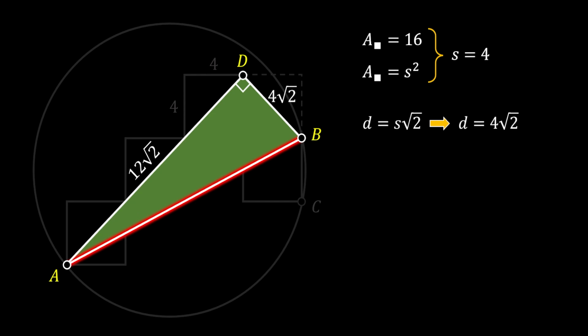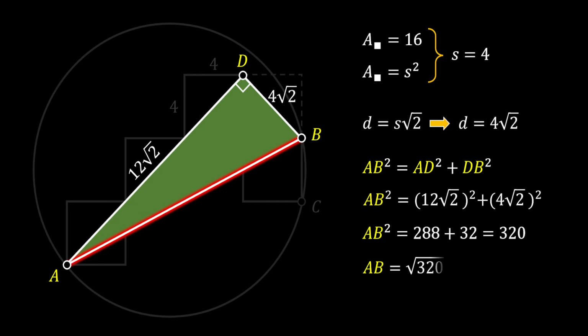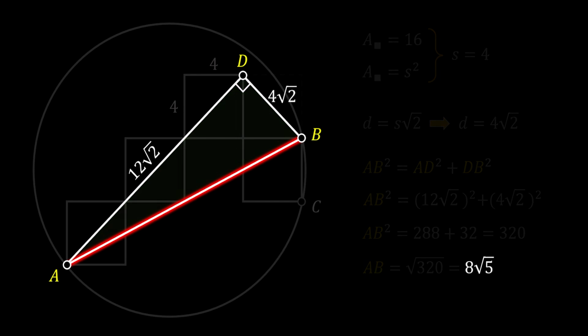Now, of course, we will use the Pythagorean theorem to find the line AB. So the hypotenuse AB squared is equal to AD squared plus DB squared. We're going to substitute our values, put everything to the square, and finally get that AB is equal to square root of 320, which we can simplify to 8 square root of 5.